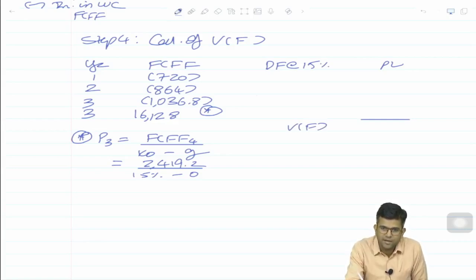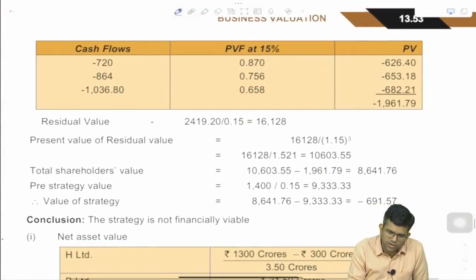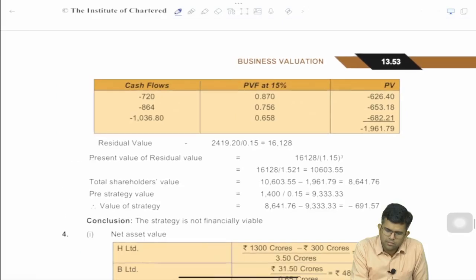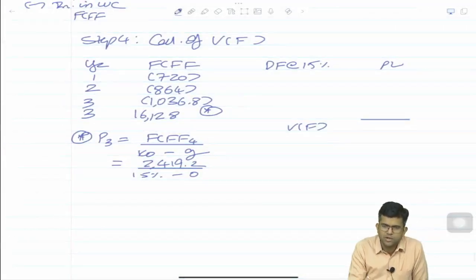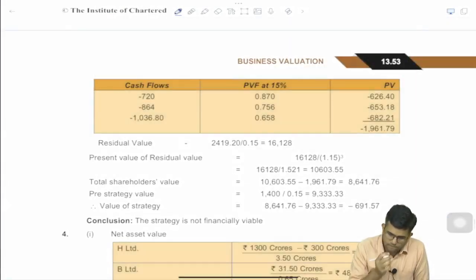What is the final value? ICAI has got the final value as 8641 something. They have taken 3 decimals in the discounting factors. You have also taken 3 decimals, na? First 3 numbers according to ICAI are these.